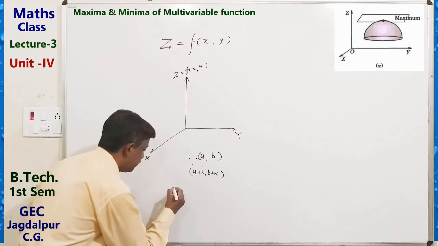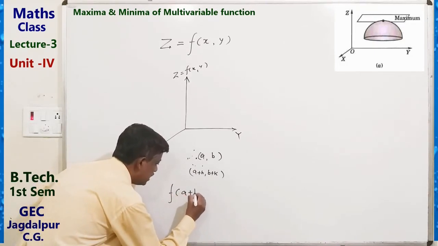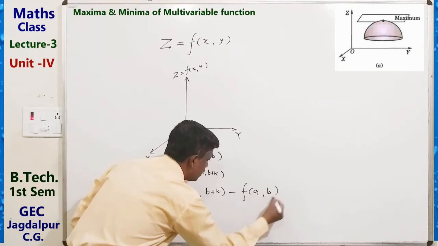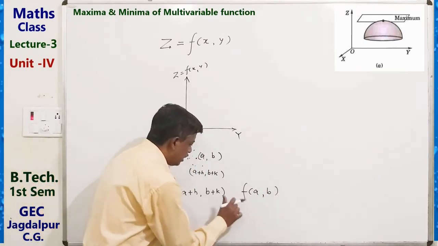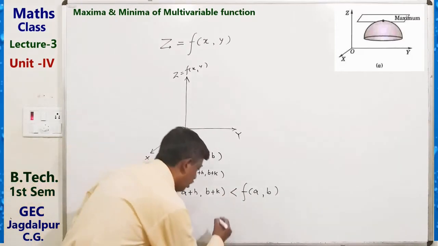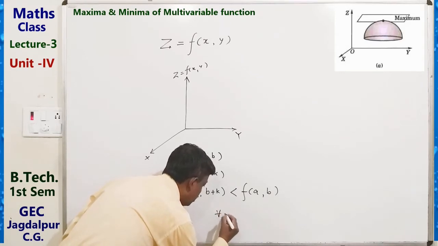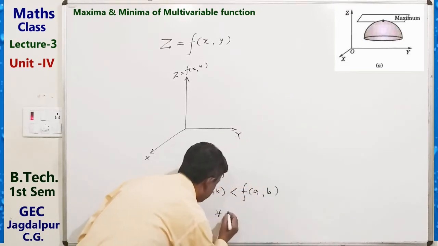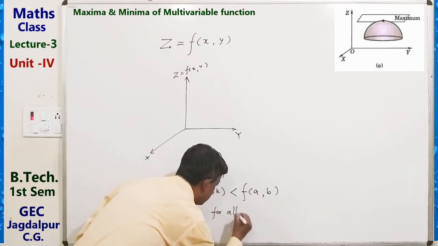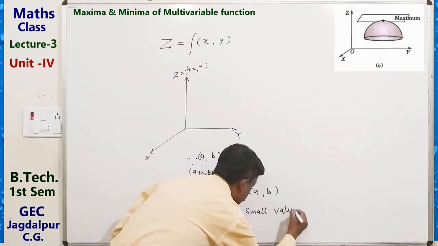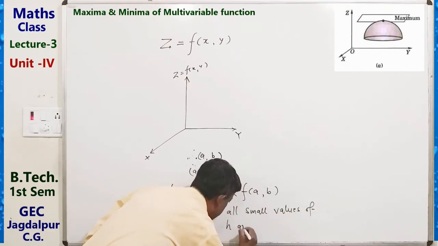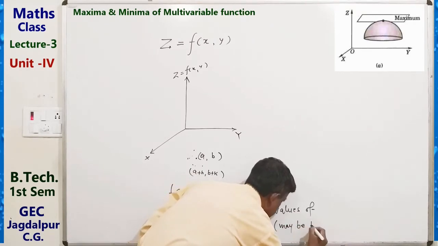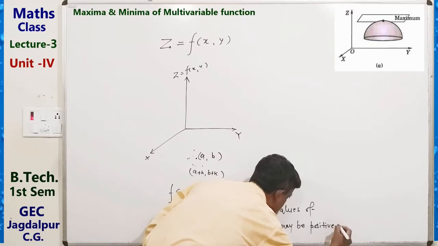That means f(a + h, b + k) minus f(a, b) is less than 0, for all small values of h and k, which may be positive or negative.